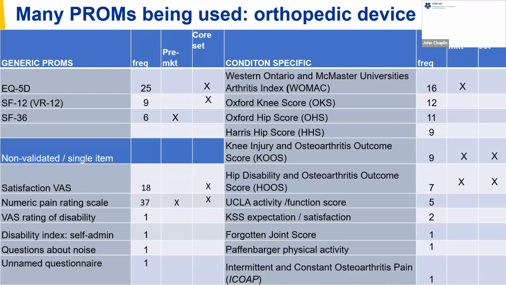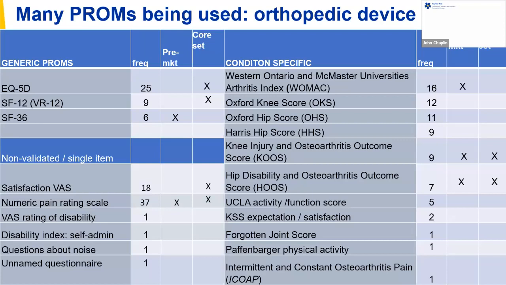So here, these condition-specific measures are applicable to the orthopedic area. And they're doubled up slightly because we've also found PROMs that are related to knees and PROMs that are related to hips. And we concentrated on those two areas in order to reduce the vast number of studies that we could have looked at in this area.